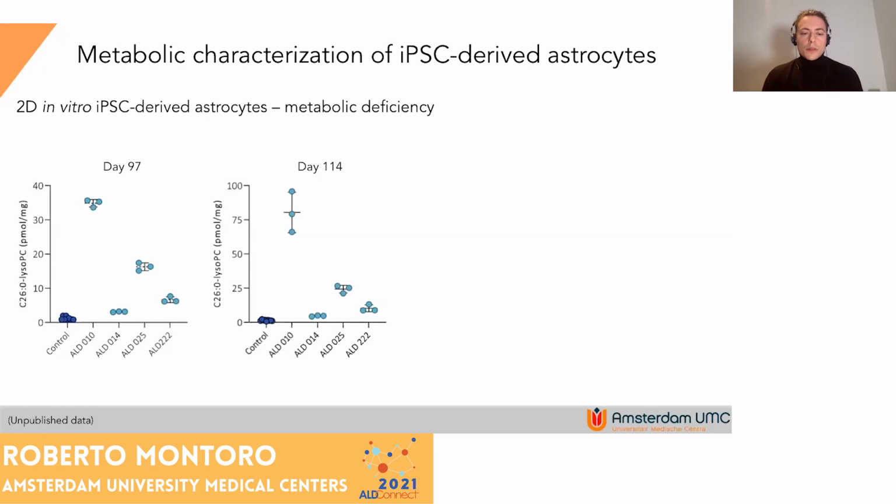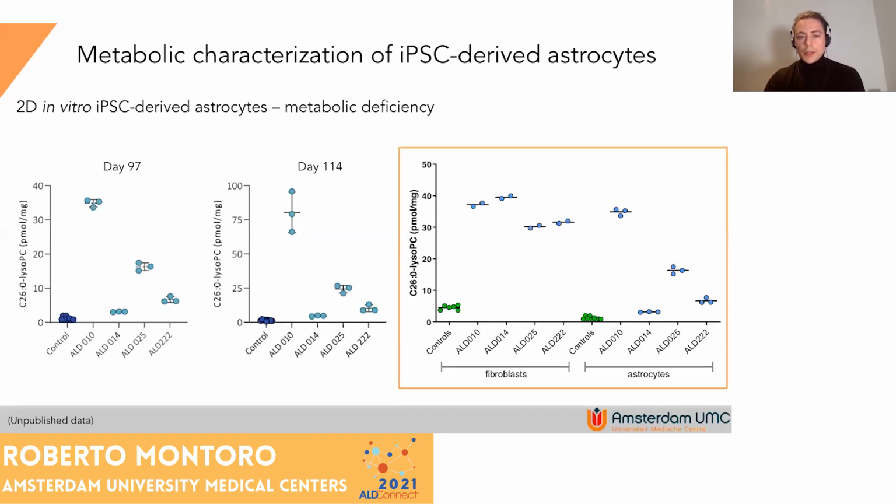So this tells us different things. One of them is that the astrocytes generated in vitro from iPSCs do generate these very long-chain fatty acids, and they are unable to metabolize them. This is seen by their accumulation in the graph that I've just shown you, and through time this accumulation increases.